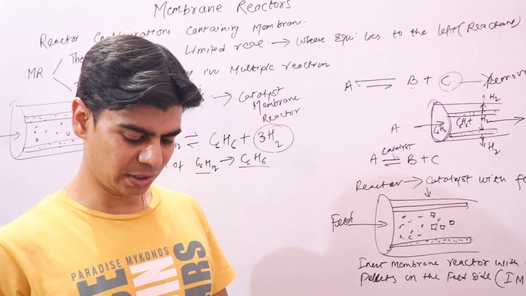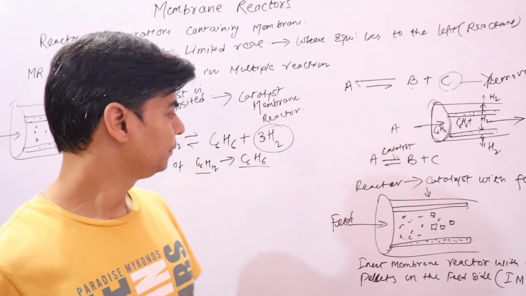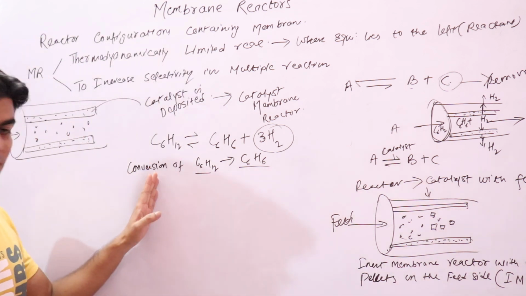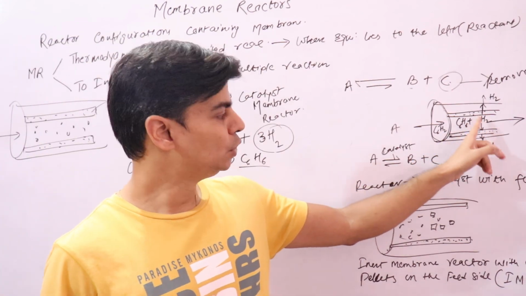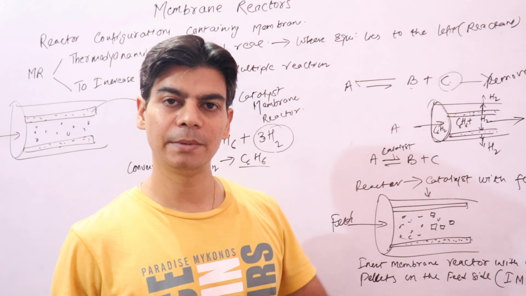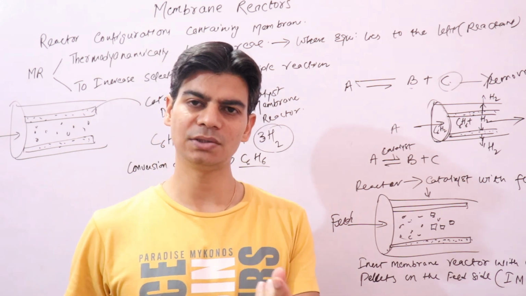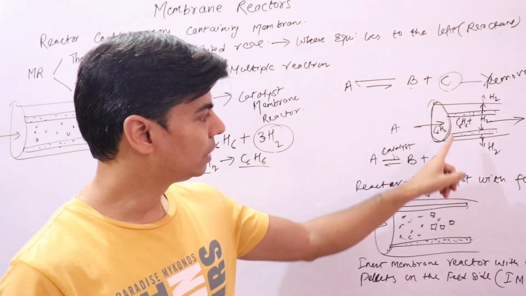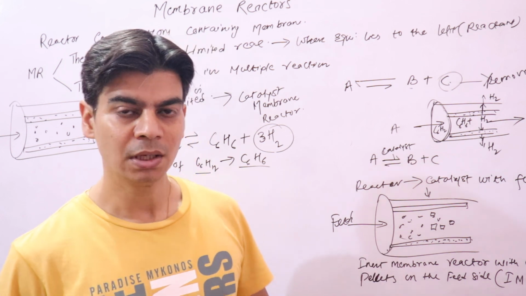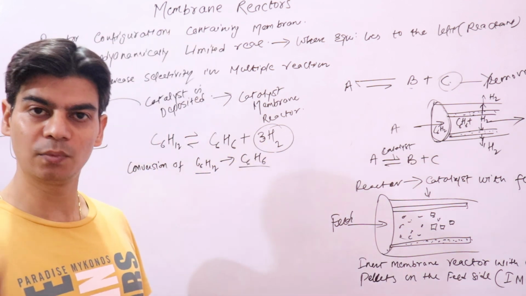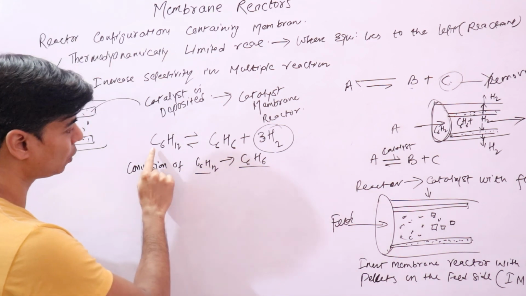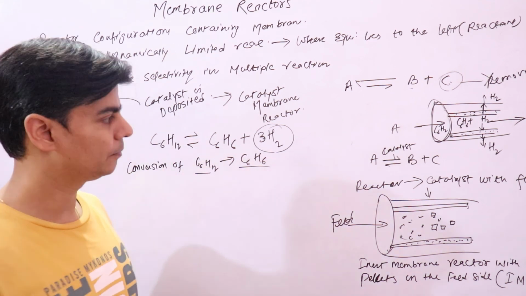Because this is a thermodynamically limited reaction, and your equilibrium lies towards the left, you will remove hydrogen using the membrane, because the size of hydrogen is very small compared to C6H6. So the membrane will allow only hydrogen to pass through it. It will not allow C6H6 or C6H12 to pass through, right?